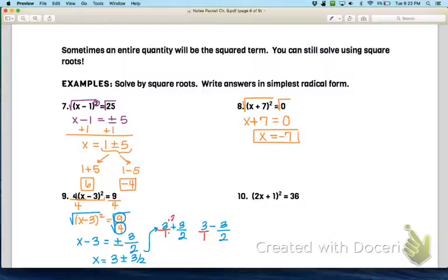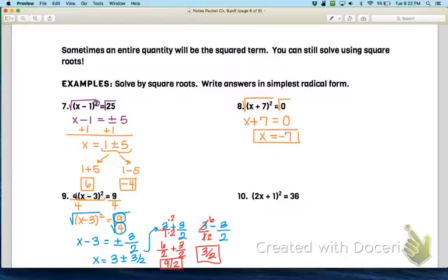To make them into halves, I'm going to multiply them by 2. So I get 6 over 2 plus 3 over 2. That means my first answer would be 9 halves. Again, this is going to make 6 over 2 just like it did on the other one. And so 6 minus 3 gives me 3 halves, and that's our second solution.